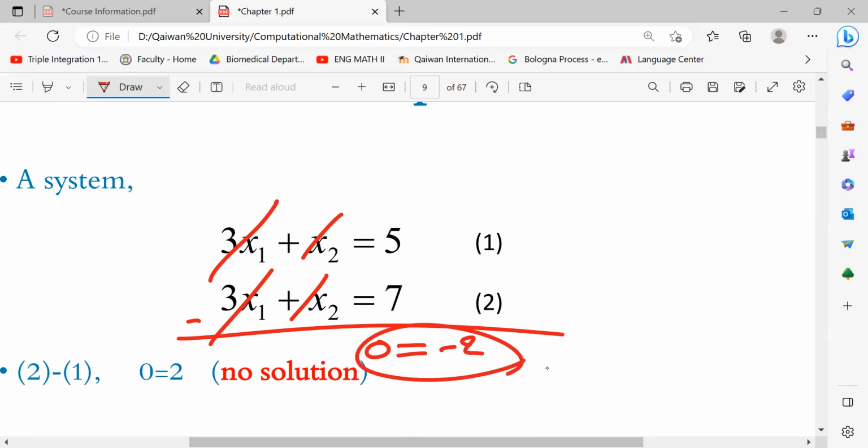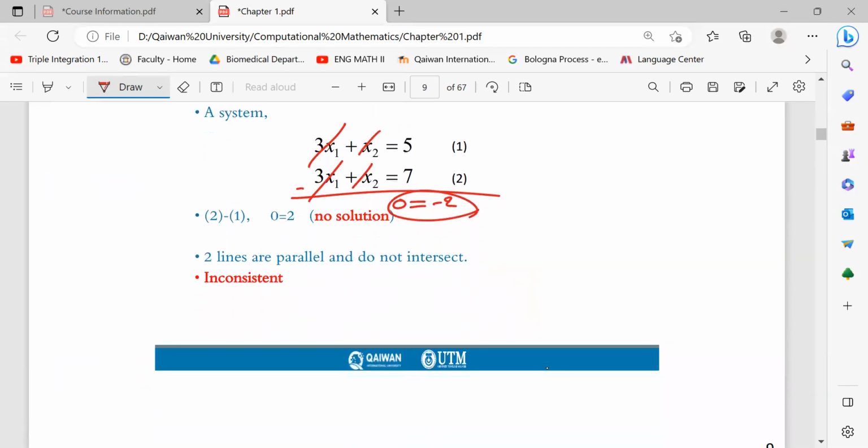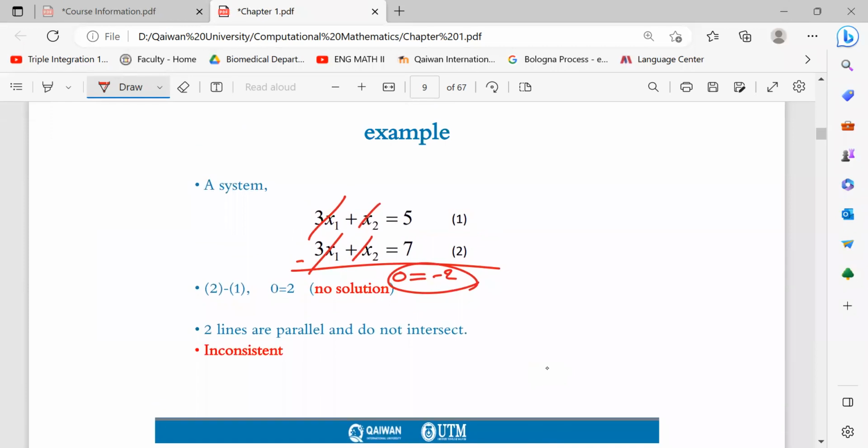Is it possible? No. So here, we say it has no solution. If you get some impossibility, you say it has no solution. But if you get 0 for both sides, you say it has infinitely many solutions. And you say this system is inconsistent.